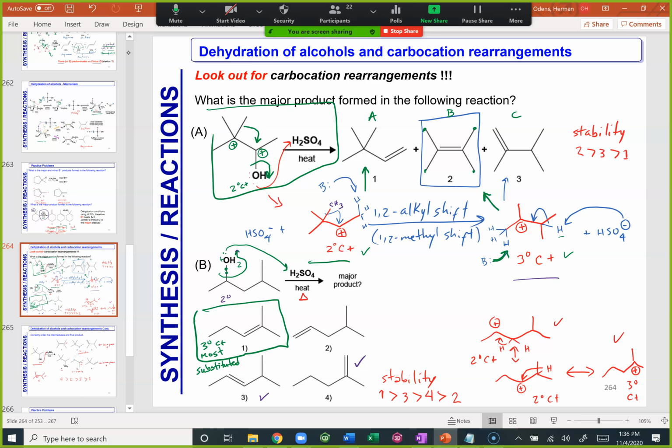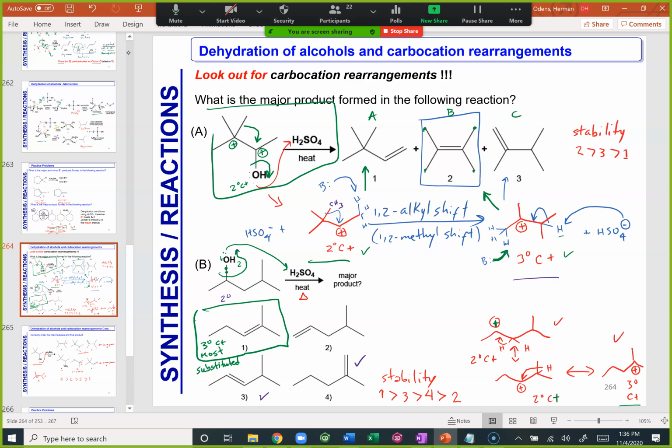And so it leaves a plus sign right there on that carbon. That's a secondary carbocation. Then it does one hydride shift. That makes a secondary carbocation still. And then when it jumps a second time, it gives you a tertiary carbocation.